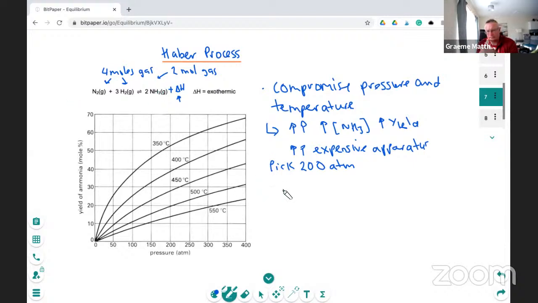And so you decrease the concentration of ammonia. Therefore you decrease the yield.